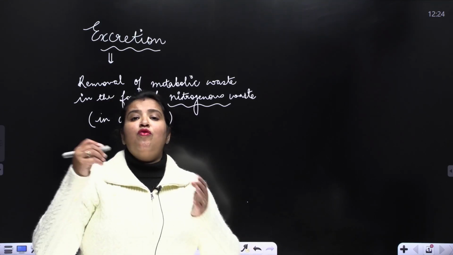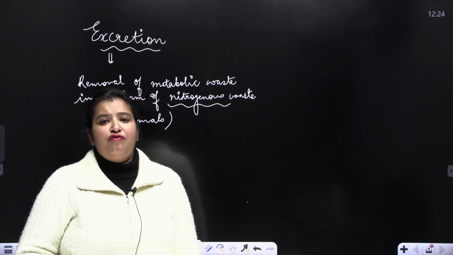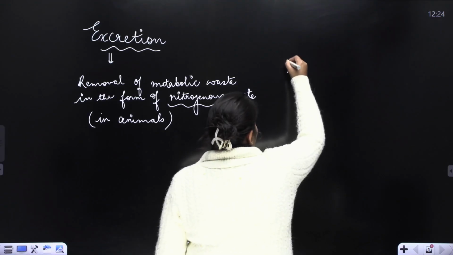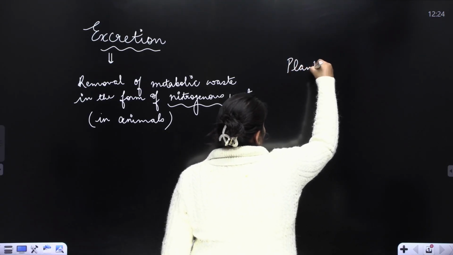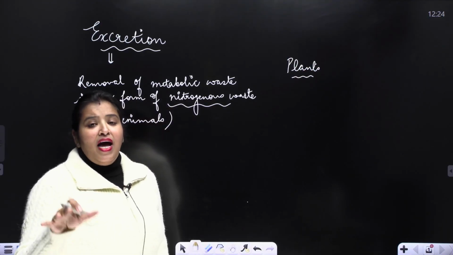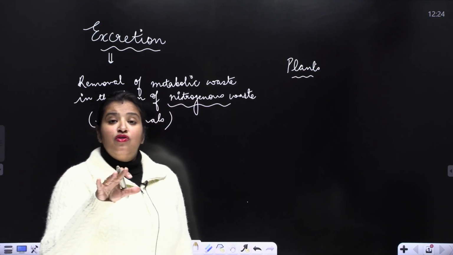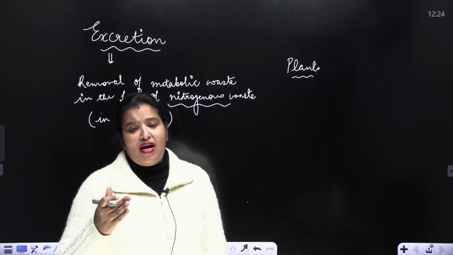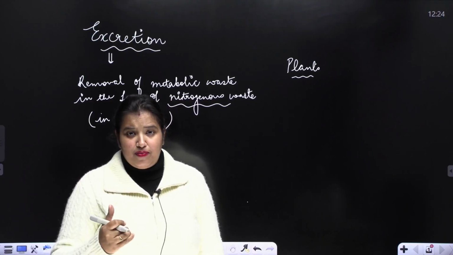Plants do remove waste, but they are generally not in the form of nitrogenous waste. The waste of plants is comparatively simpler, and for that purpose there is no need of a well-developed excretory system, as in case of other organisms.